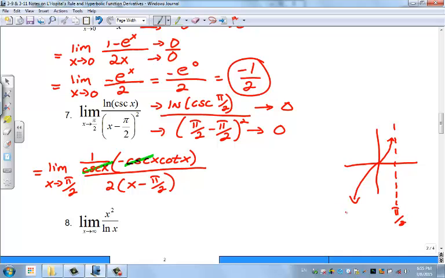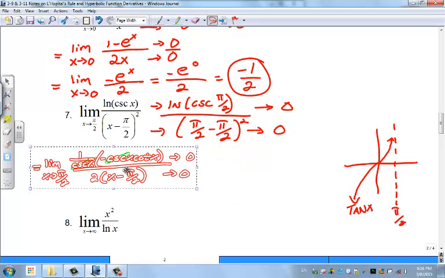So the tangent function approaches infinity at pi over 2. But if we take the reciprocal of infinity, 1 over infinity gives us 0. Okay, 1 over the concept of infinity gives us 0. So the top of this is approaching 0. The bottom is 2 times pi over 2 minus pi over 2. That's also approaching 0. So we've got to do it again.